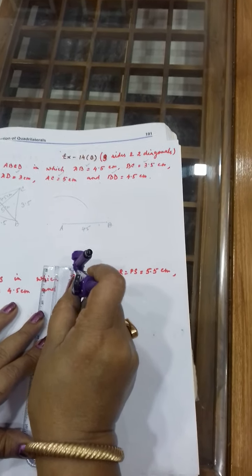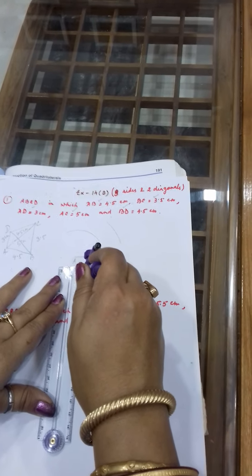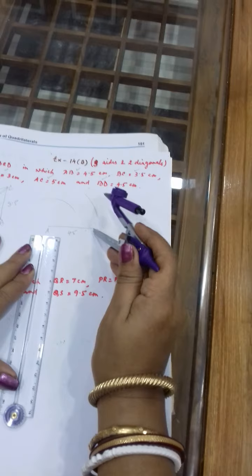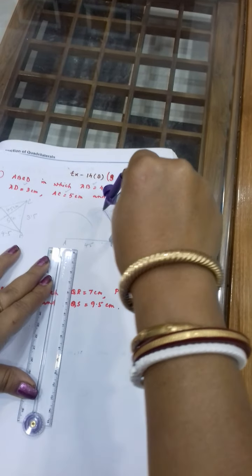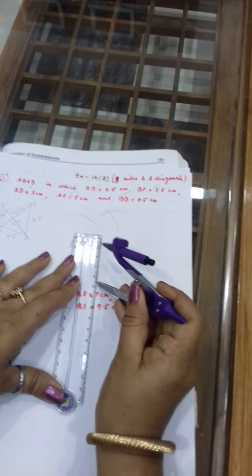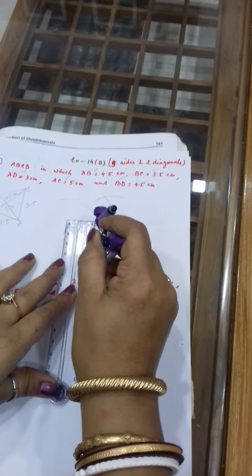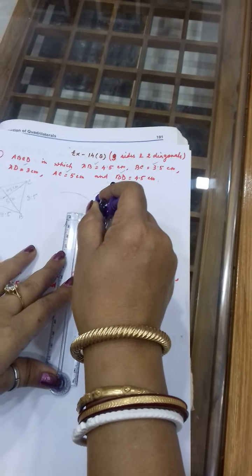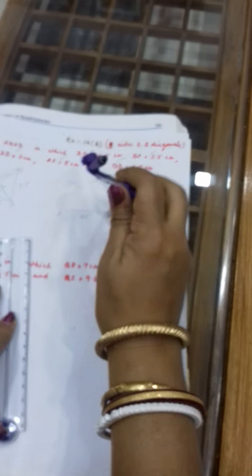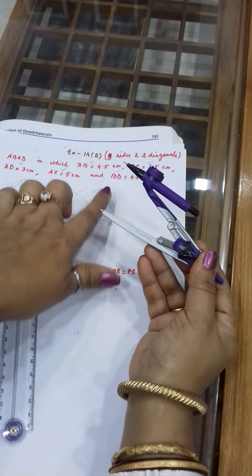So with B as the center and by taking measurement 3.5 BC, it will be this side. And next BD 4.5. By considering this measurement with B as the center, you draw this side arc. BD will be this side.